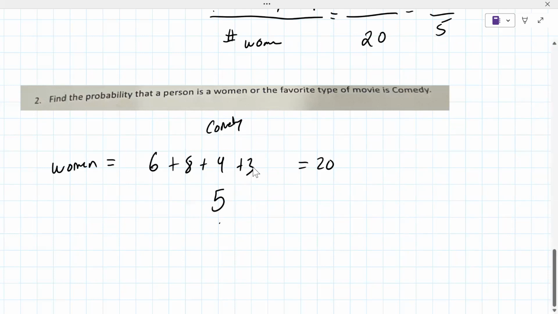No. I added it wrong, wait a second. 6 plus 8 plus 4 plus 2. This is 3.